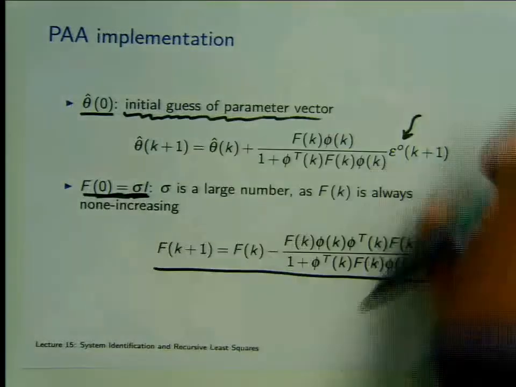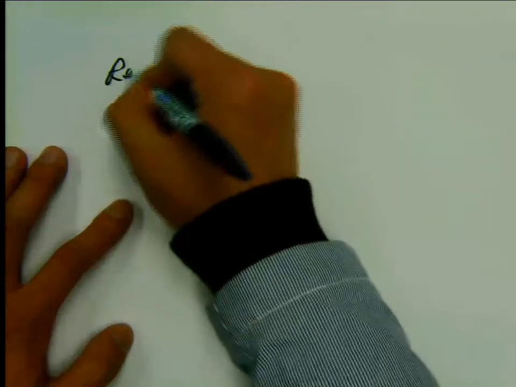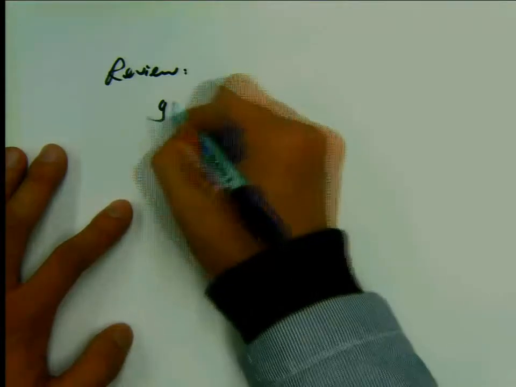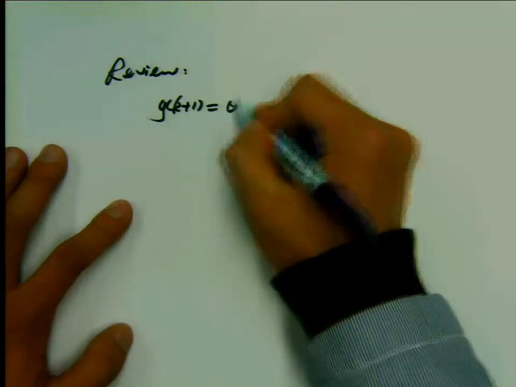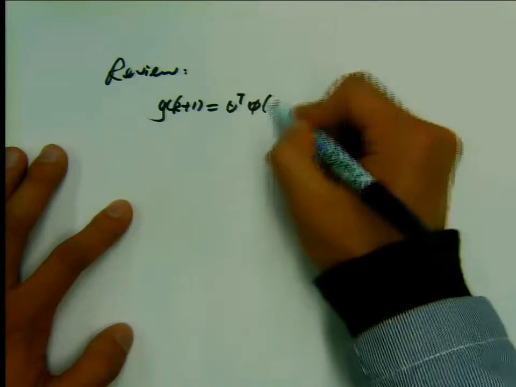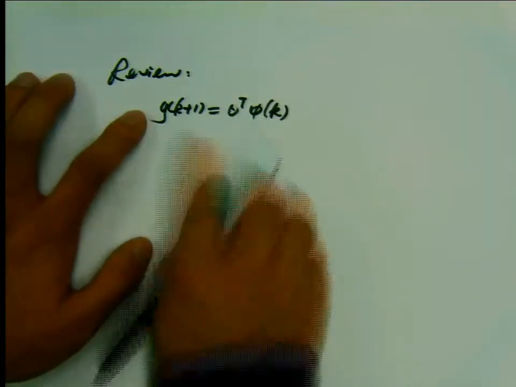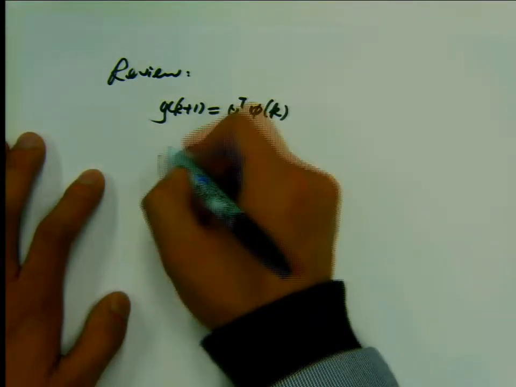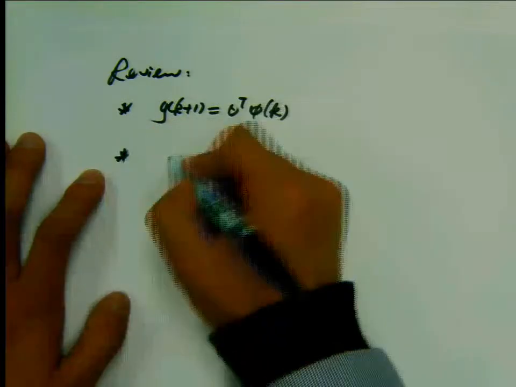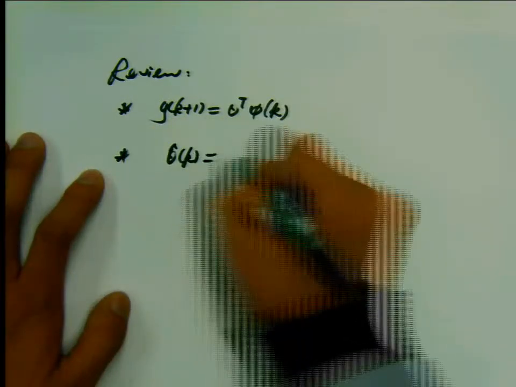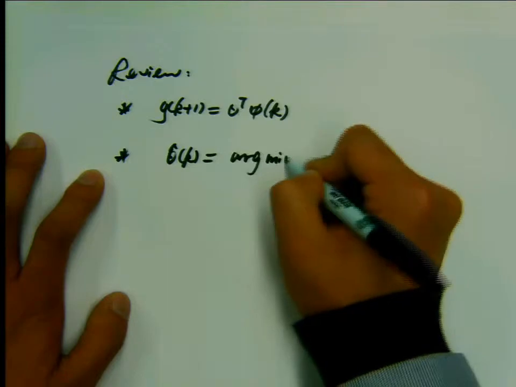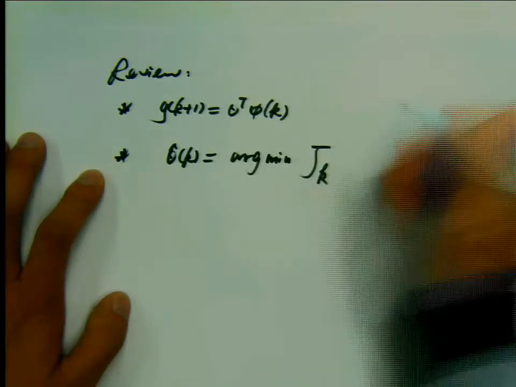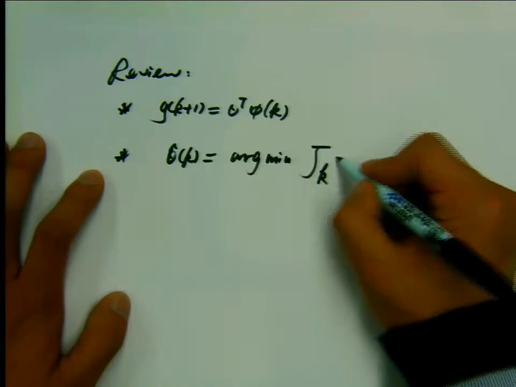So these are the basic ideas for system identification. If we want to do a quick review, this is what we have done. First of all, the very fundamental result we have to keep in mind is this alternative representation of the plant model, and then the concept of how theta is obtained in the least square sense.